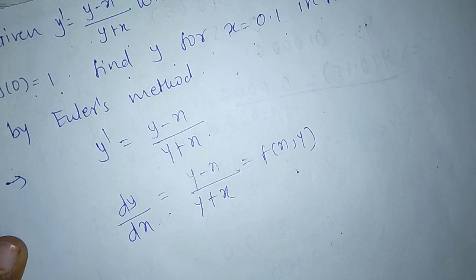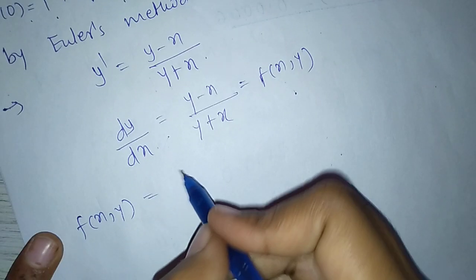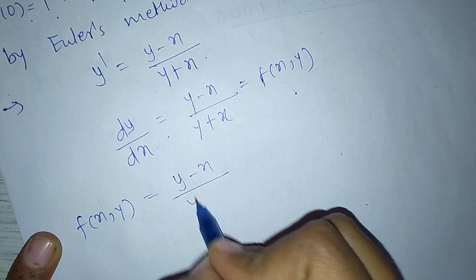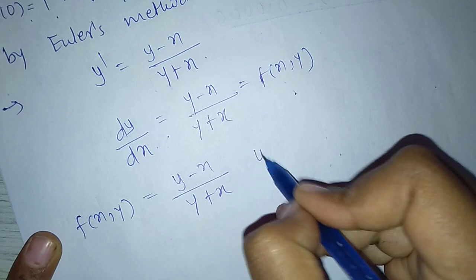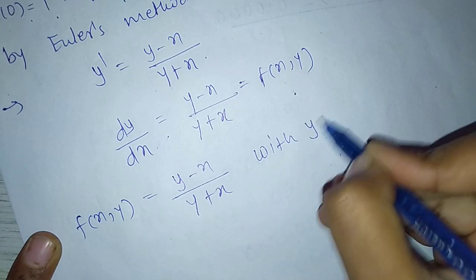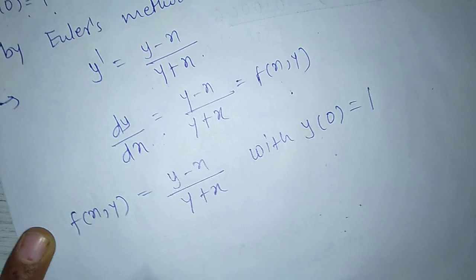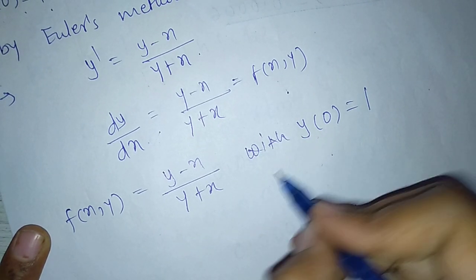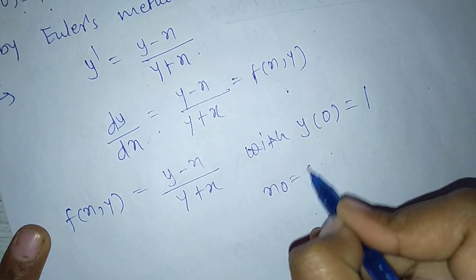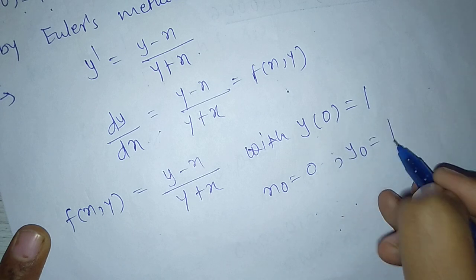That means f of xy equal to y minus x upon y plus x with initial conditions y of 0 equal to 1, x naught equal to 0 and y naught equal to 1.